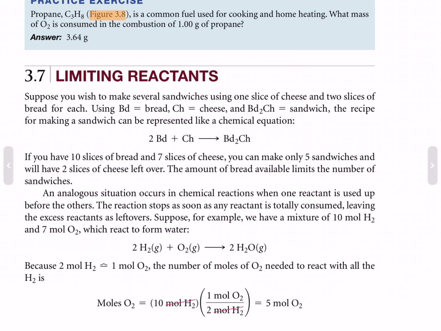Suppose, for example, that we have a mixture of 10 moles of hydrogen and 7 moles of oxygen and wish to form water. The balanced equation is 2 moles of hydrogen plus 1 mole of oxygen yields 2 moles of water. Because 2 moles of hydrogen is stoichiometrically equivalent to 1 mole of oxygen, the number of moles of oxygen needed to react with all the hydrogen is 10 moles of hydrogen at 2 moles of hydrogen per 1 mole of oxygen, which is 5 moles of oxygen.